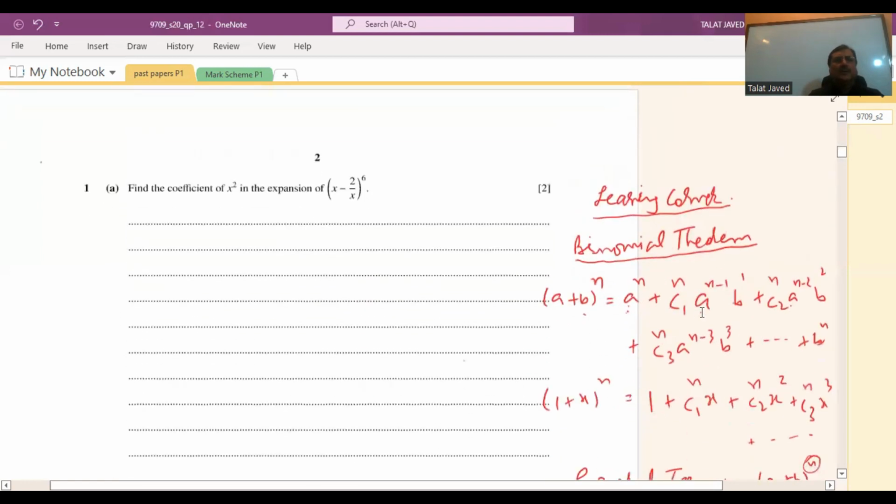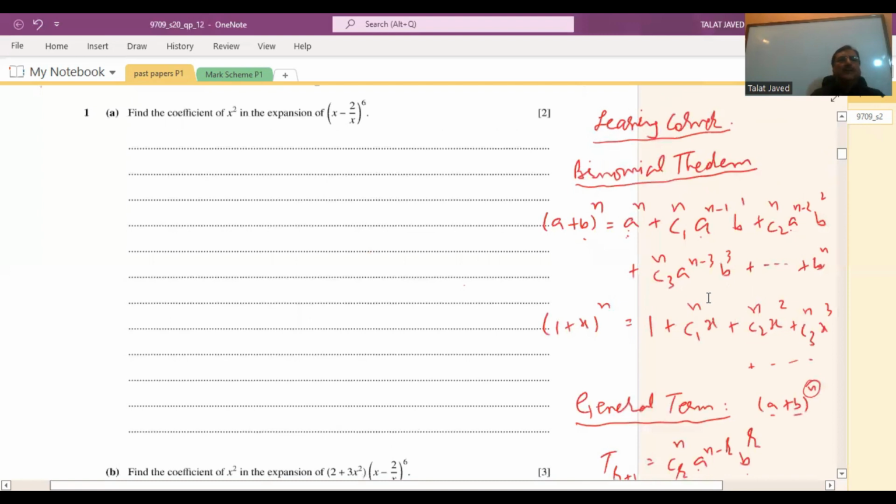Now let's do this question. The question asks us to find the coefficient of x squared in the expansion of this. So we have to find the specific term containing x squared. We use the general term formula T(r+1) equal to nCr a raised to power n minus r and b raised to power r.